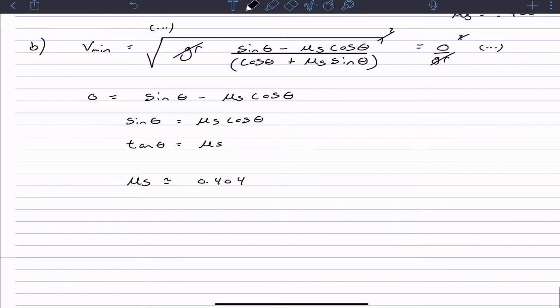And that's unitless, by the way. This is for a 22-degree bank. So that's the answer.